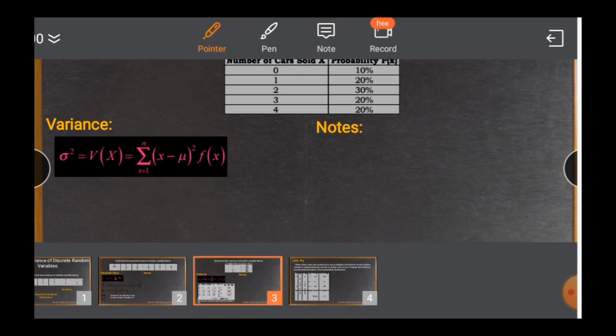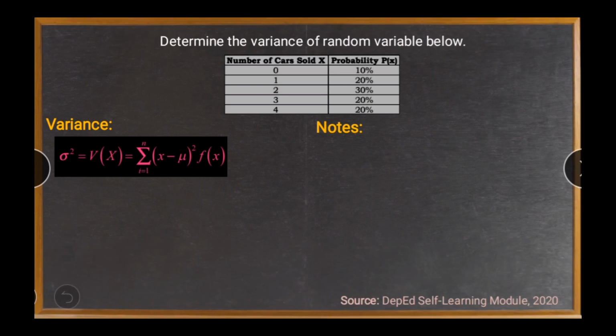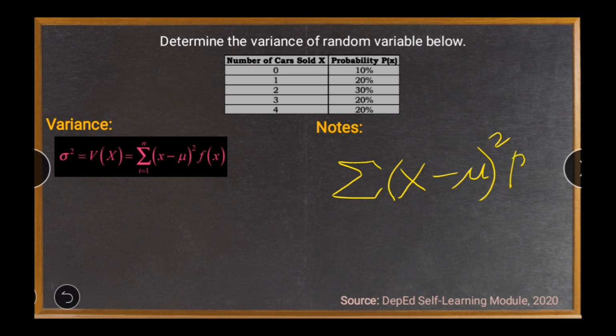Or we can rewrite that one like this: the summation of the quantity random variable minus the mean, which is mu, squared, times the corresponding function.